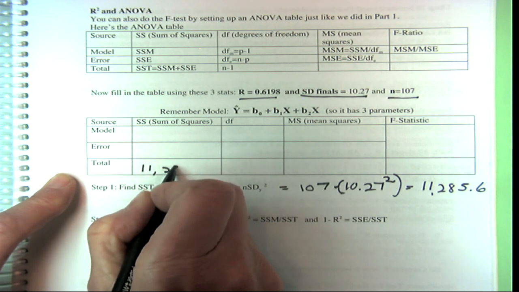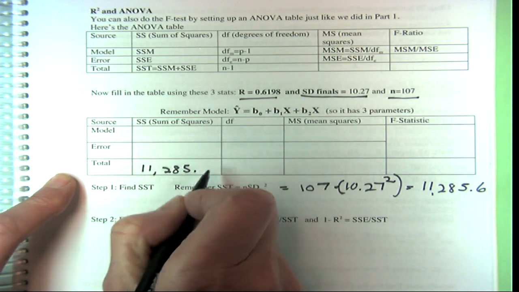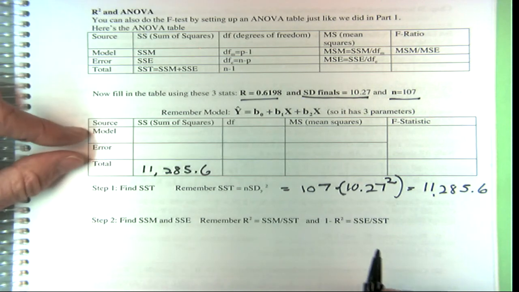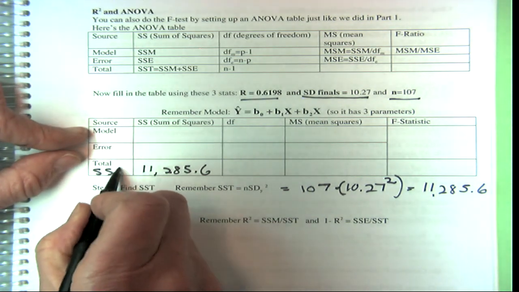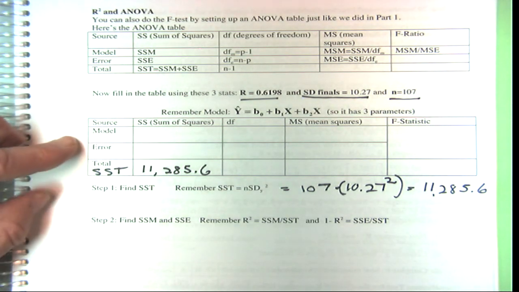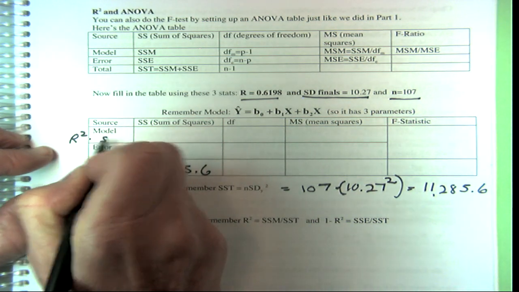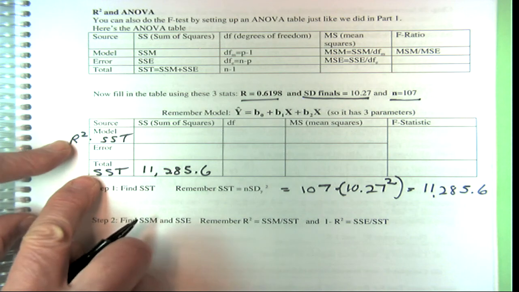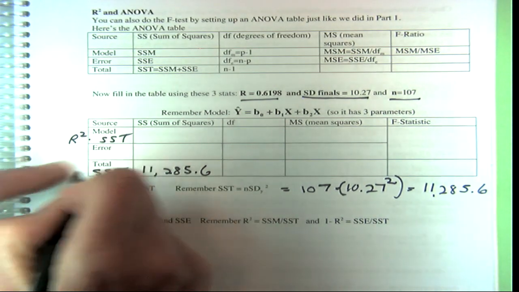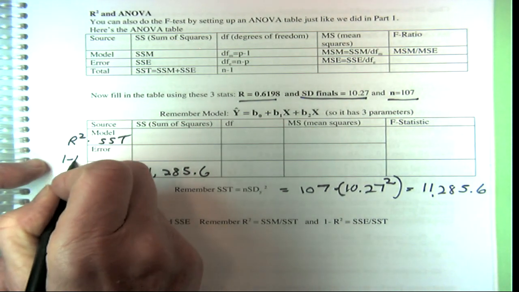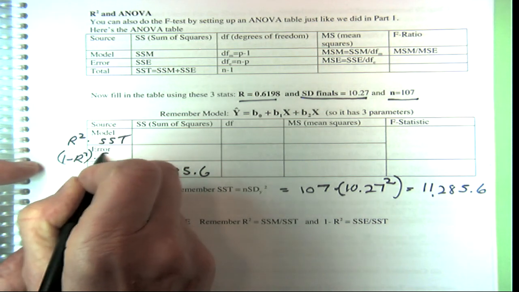That's what this is. We're going to break that variance of the y's into 2 parts. This is called the sum of squares total, and we break it into the part due to the model, which is r squared times that, the proportion of it due to the model, and the part due to the error, which is 1 minus r squared times that.